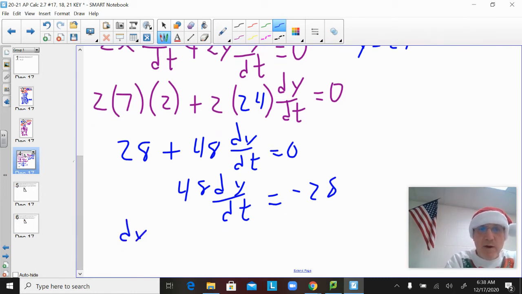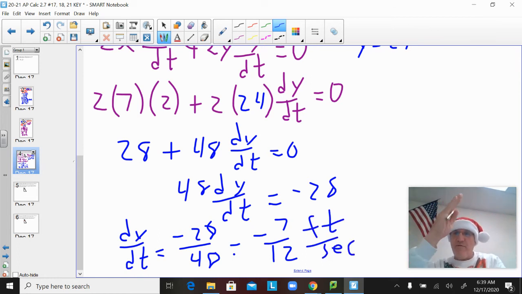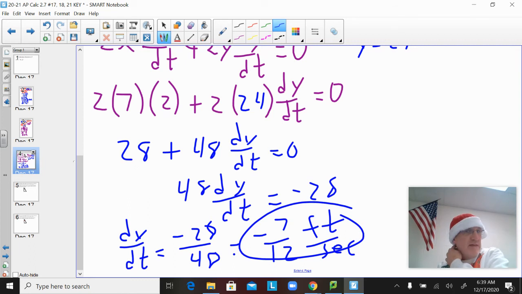And I get dy dt is negative 28 over 48, which reduces to negative 7/12, I believe. Negative 7/12, and that is feet per second. It should make sense that that quantity is negative, because as the ladder is getting pulled away from the wall, the height y is in fact getting smaller. So there is the answer at x equals 7.